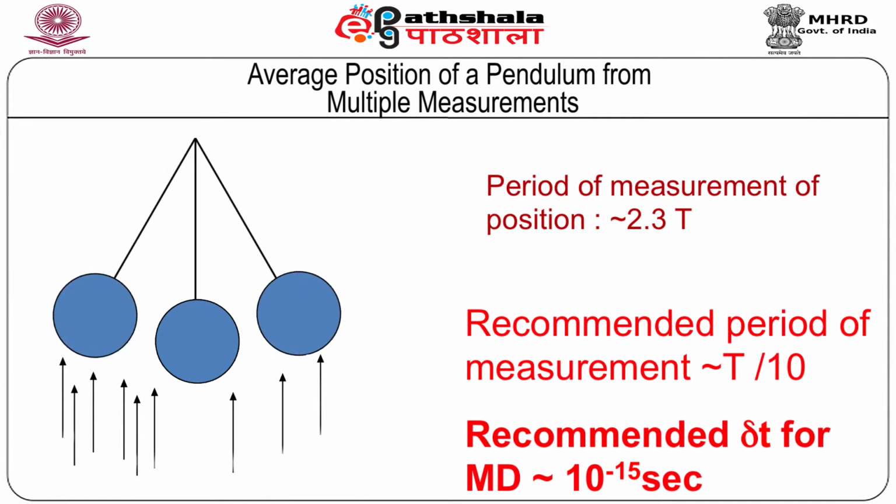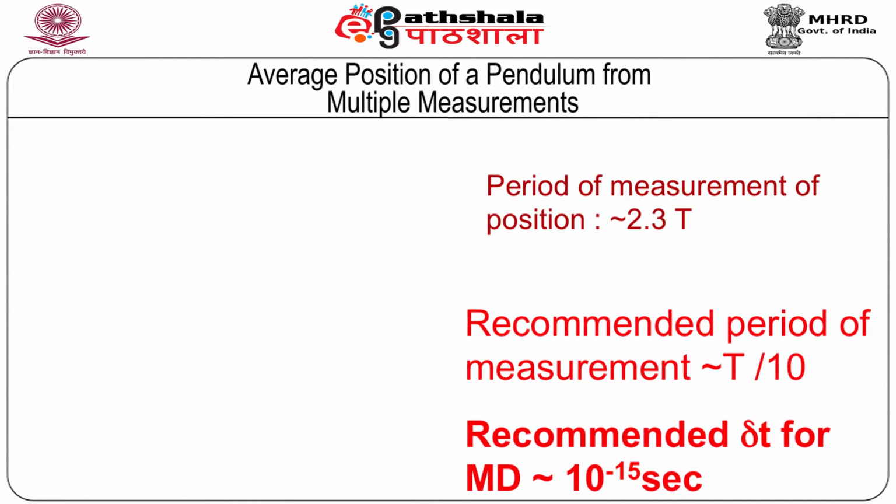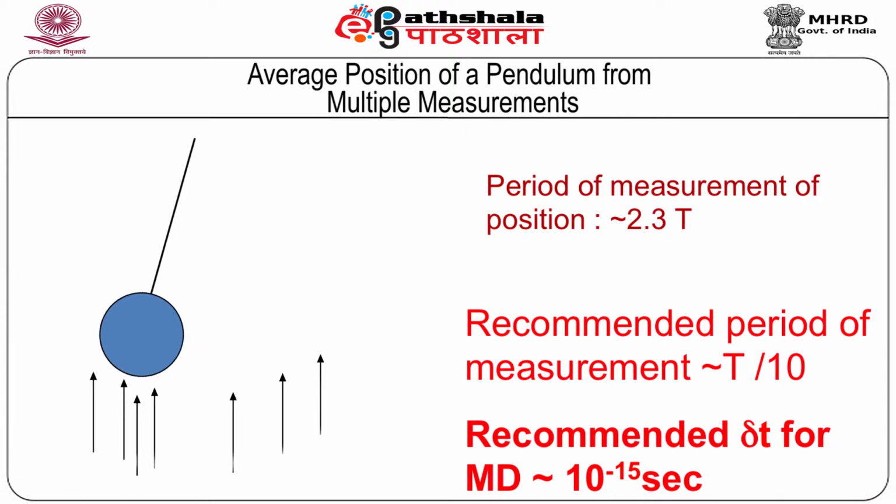So we would measure everything at proper times, and then we would do the proper measurement of the average position of the pendulum. So in all these cases, what is recommended is that we make the time step at least 1/10 of the time period.